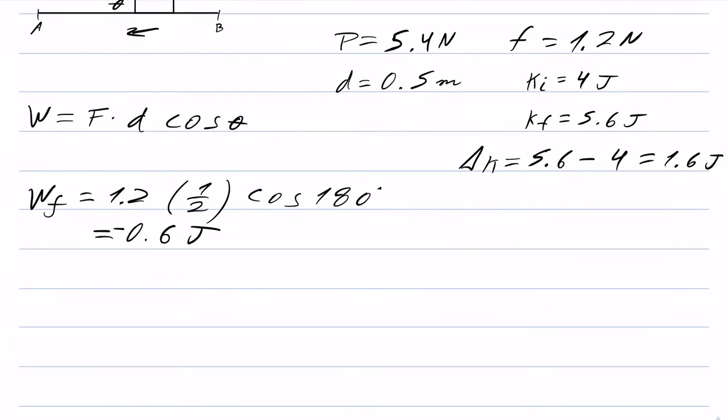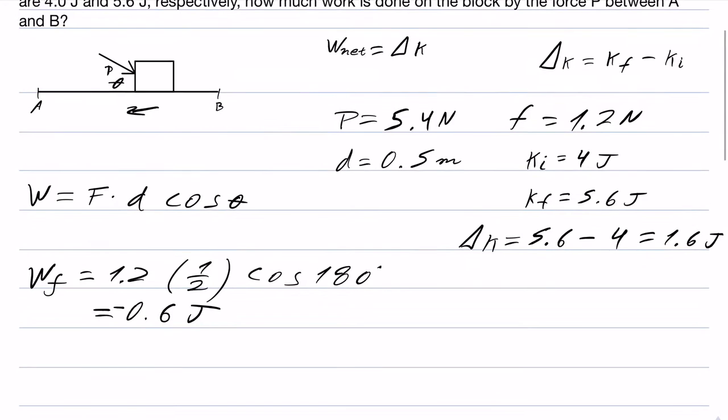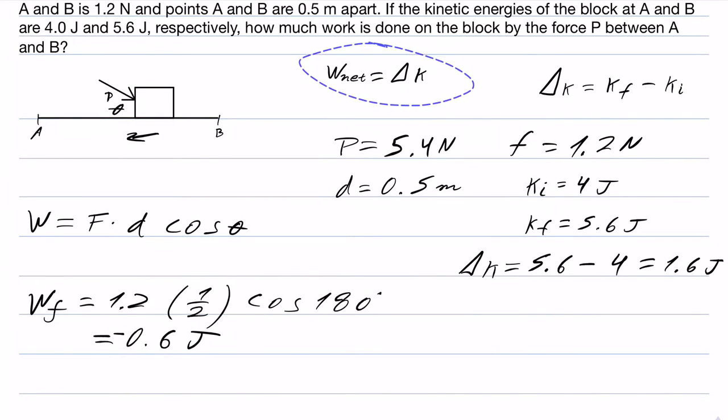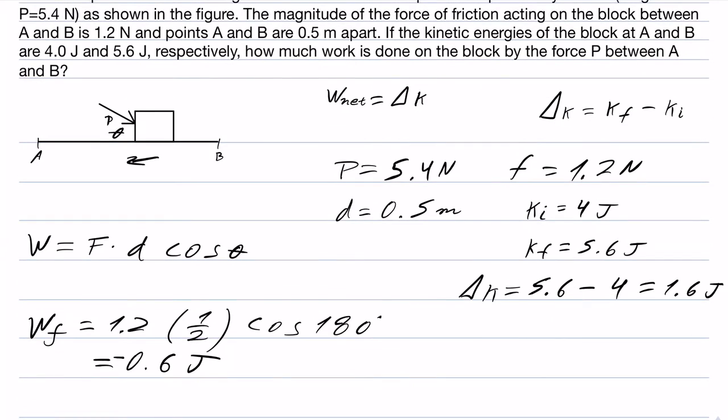Now that we have the work done by friction, maybe we can find the work done by P, because the net work in this case will be just the sum of all the work done by the forces acting on the object. There's only two forces doing work on this object, and that is the work done by P and the work done by friction.